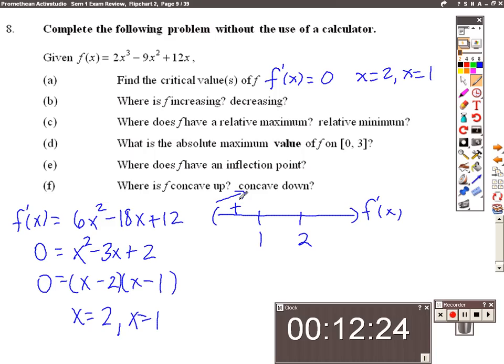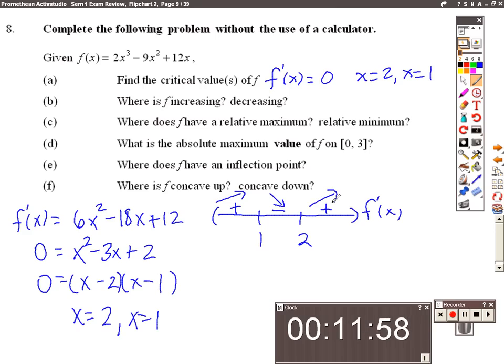When I choose a value between 1 and 2, like 3/2, and substitute that into my first derivative, I get a negative outcome, so the function is decreasing. When I choose a value greater than 2, like 3, and substitute it into the first derivative, I see that the original function is increasing.